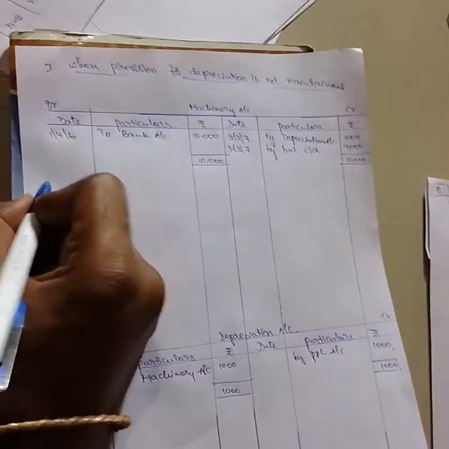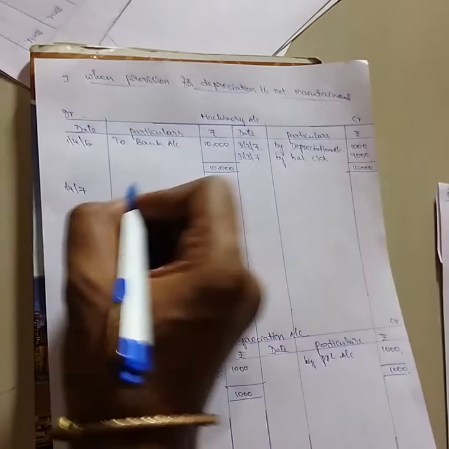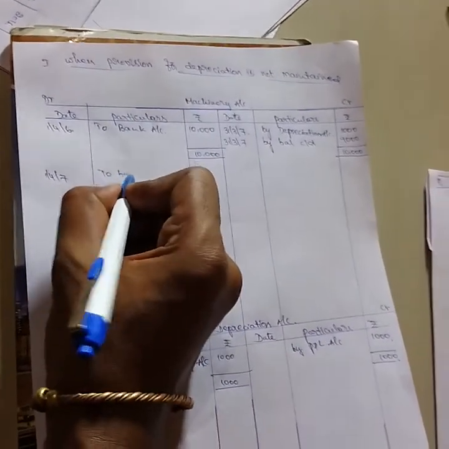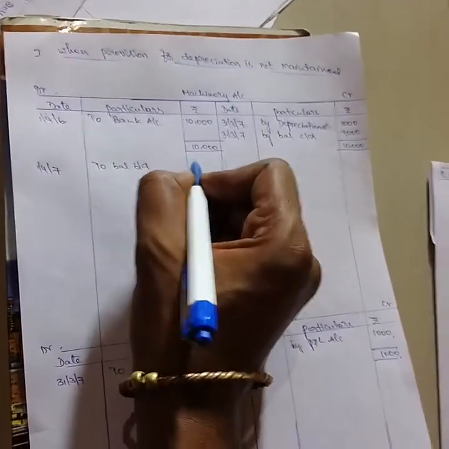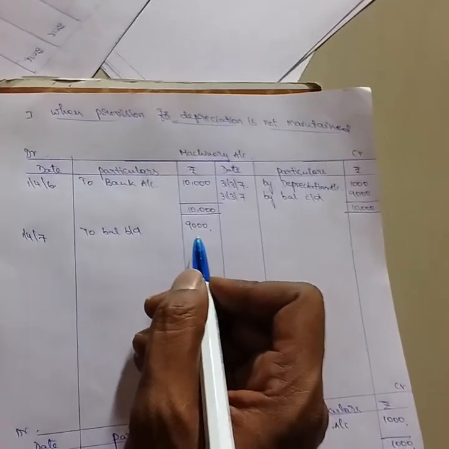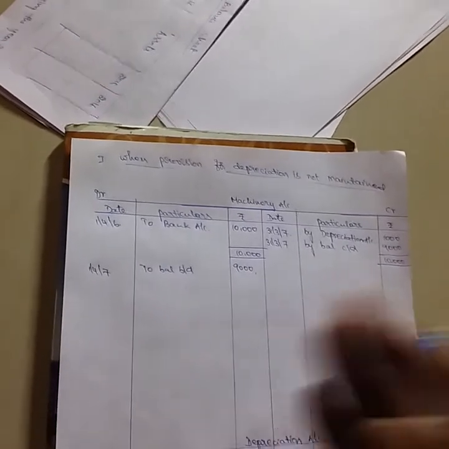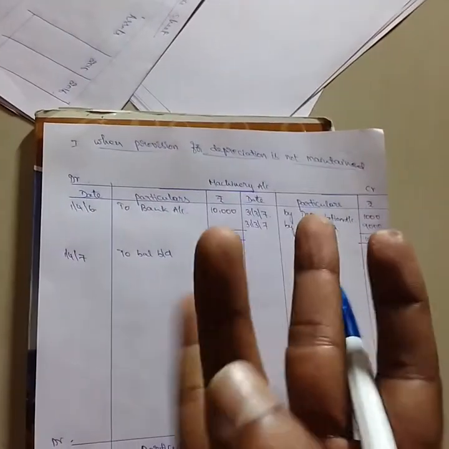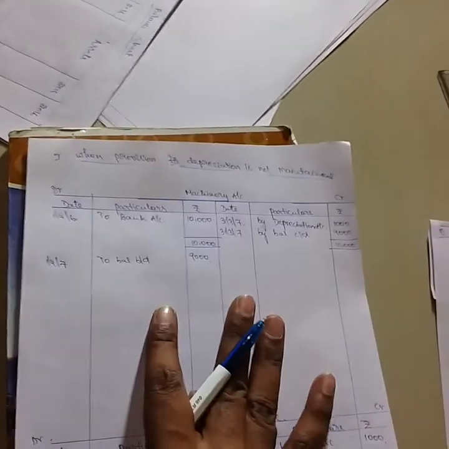Next day, 1/4/2007, the second year opening date, this balance should be brought down here: balance brought down, amount 9,000. In the second year, this asset is sold for 8,000 on 30/9/2007, exactly after using 6 months: April, May, June, July, August, September. After using 6 months, this asset is sold.